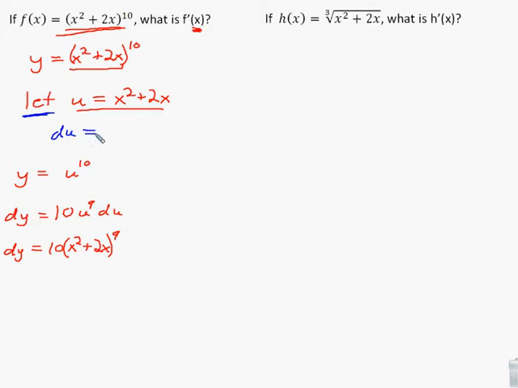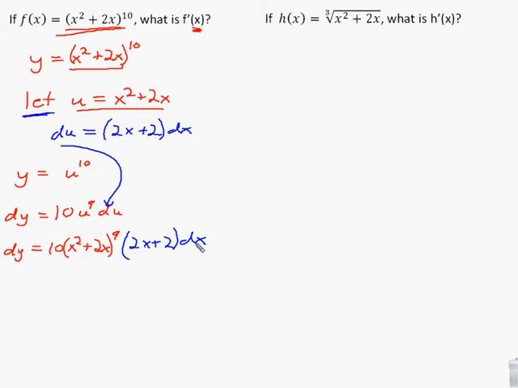So du is 2x plus 2 dx. So we differentiate those two terms, and we get 2x plus 2 dx. Now we can substitute that in for du. And so this is times 2x plus 2 dx. We wanted to find f prime of x.